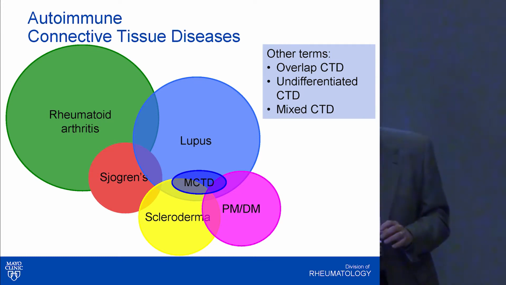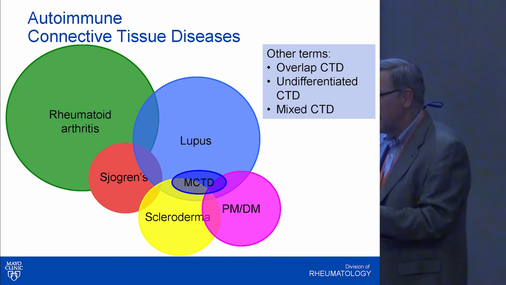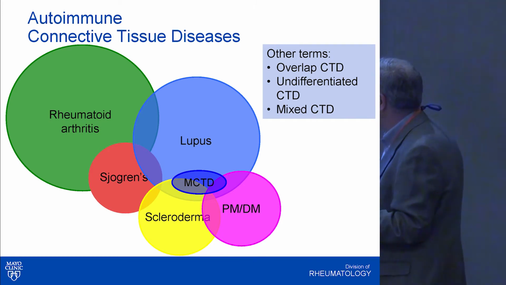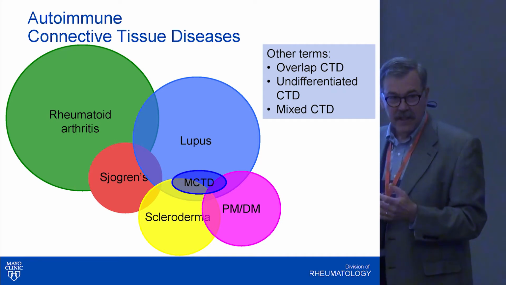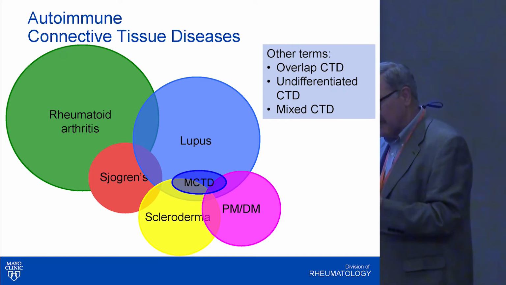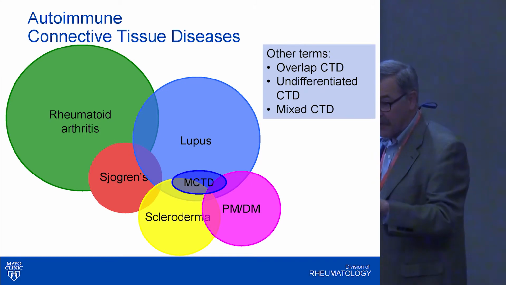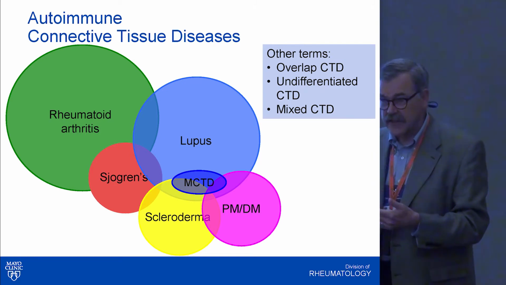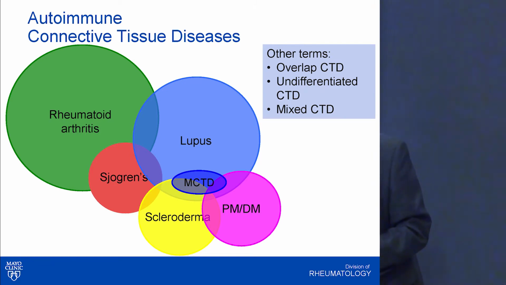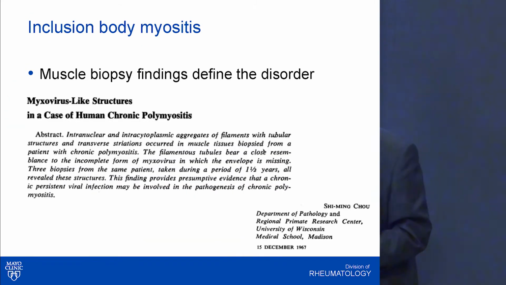Sometimes we see people with a hint that there's parts of something, but maybe not enough to formally call. And I tend to call that undifferentiated connective tissue disease, and we'll treat as an autoimmune disorder, but sort of wait for things to declare themselves before putting specific labels. And then there's something called mixed connective tissue disease that's a subset of lupus. But the terms all get confusing.